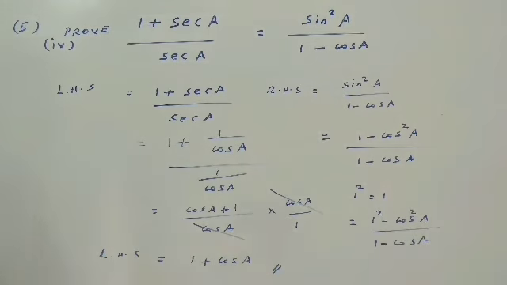Now the numerator looks like the formula A square minus B square.